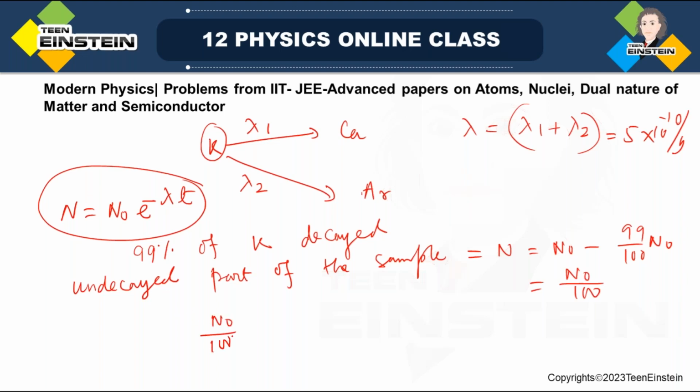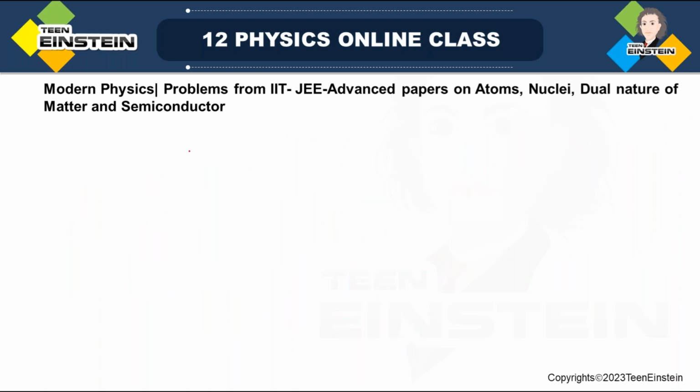So N0 by 100 we can write here, and here it is N0 into e to the power minus lambda T. This N0 will cancel, so we get e to the power minus lambda T is equal to 1 over 100, so e to the power lambda T is equal to 100, right? If we take ln, we get lambda T equals ln 100. ln 100 can be written as 2 ln 10.